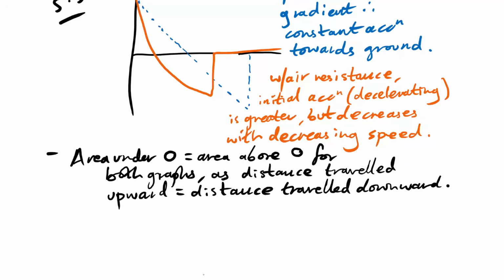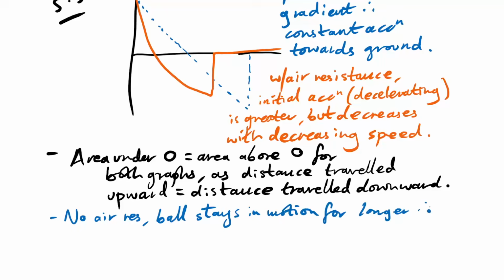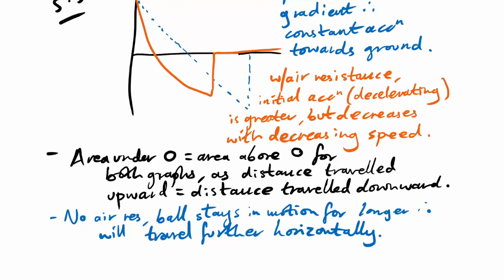We could say that without air resistance, the ball stays in motion for longer, therefore will travel further horizontally. There we go. Lots of things there. Weird question. Don't like that question.